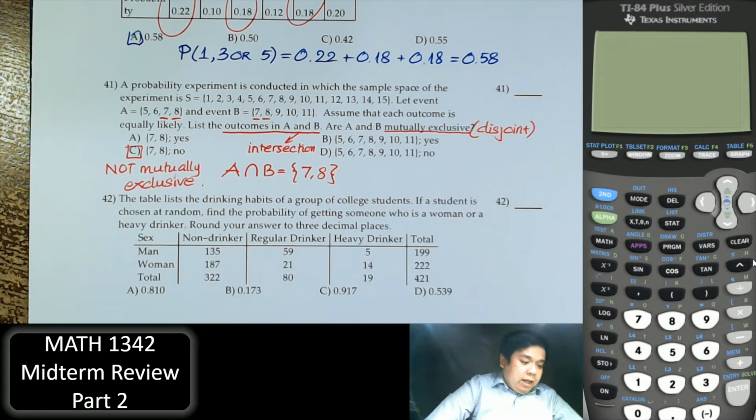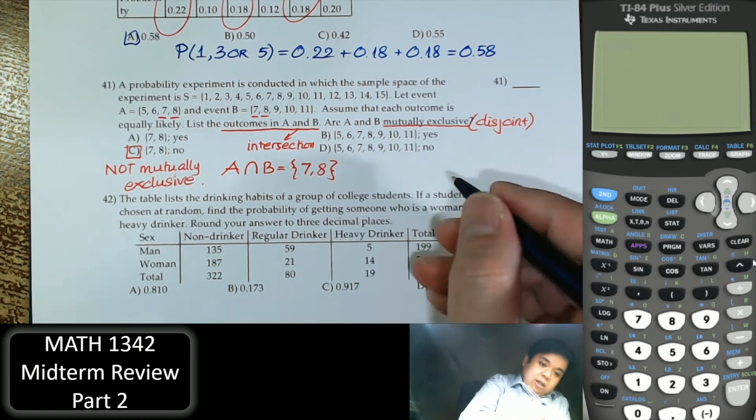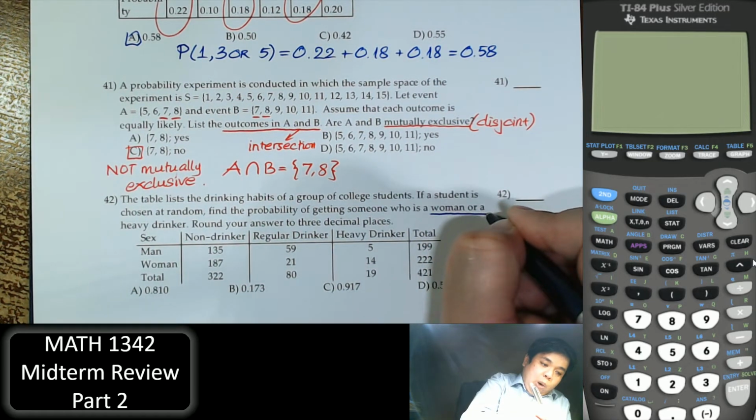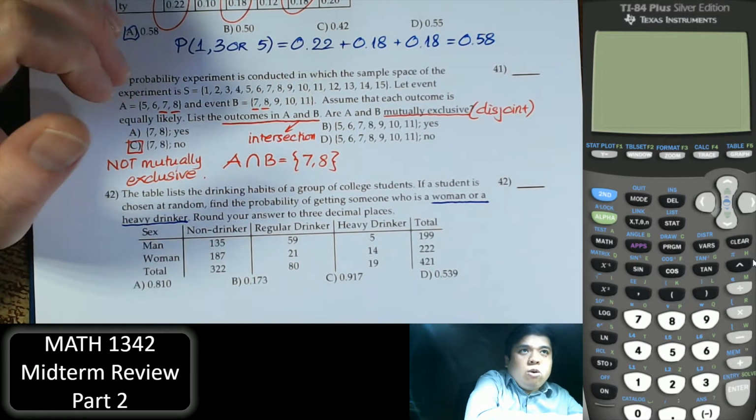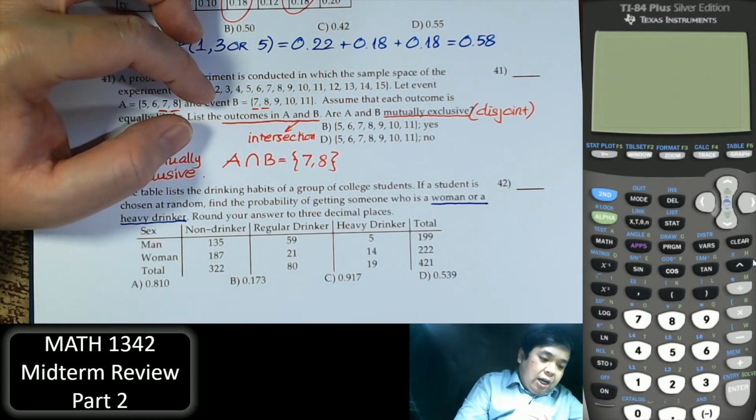Right. Next, the table lists the drinking habits of some college students. If a student is chosen at random, find the probability of getting someone who is a woman or a heavy drinker. So it's easy. Here we're just going to count the women.